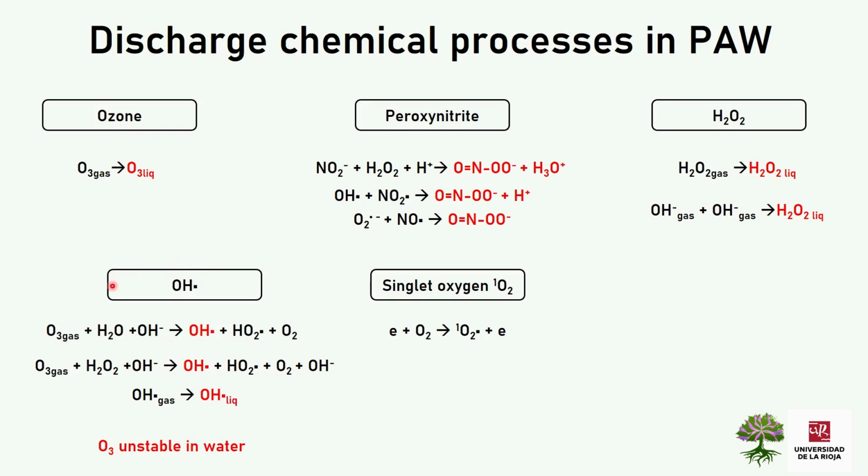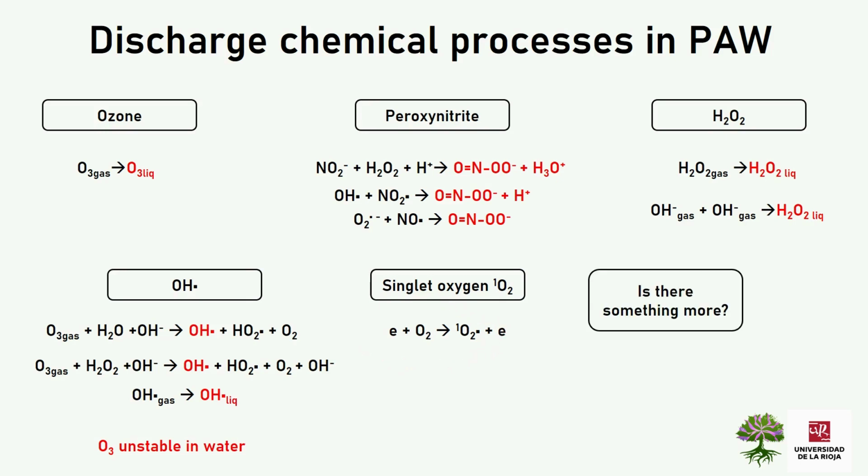It comes from the reaction of ozone with water or ozone with hydrogen peroxide, or even when OH gas is diffused in water, forming OH liquid. Finally, singlet oxygen is created when an electron reacts with O2.